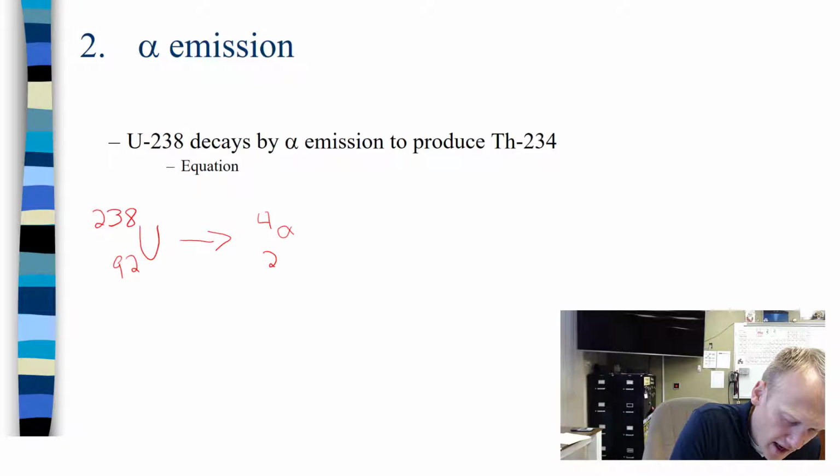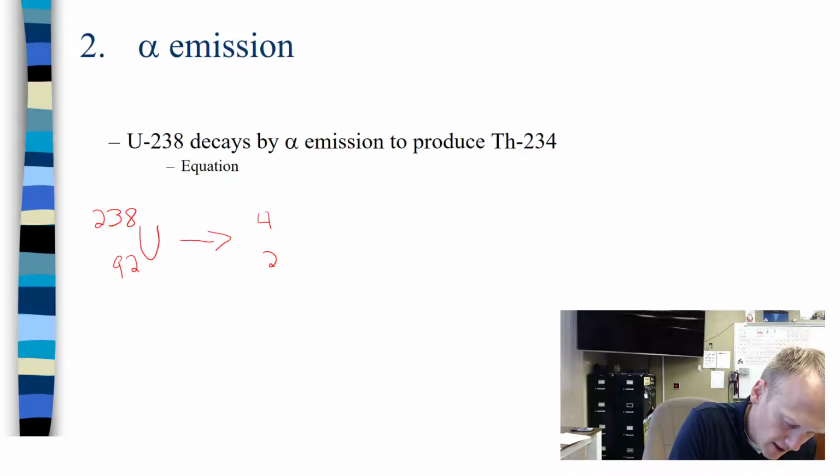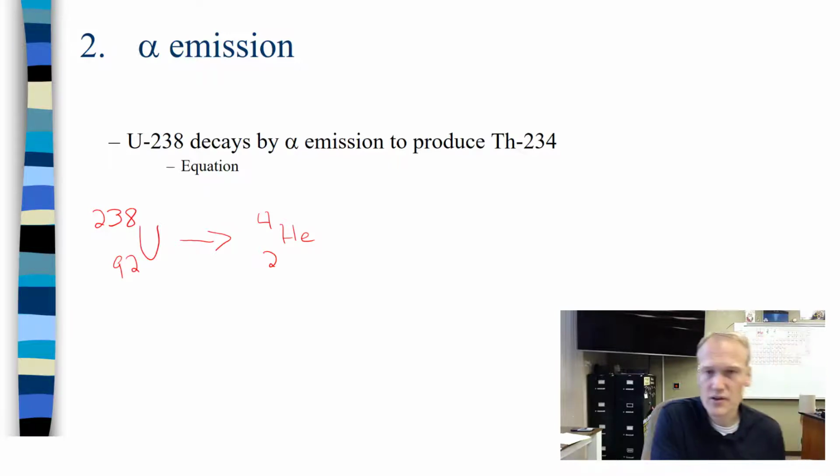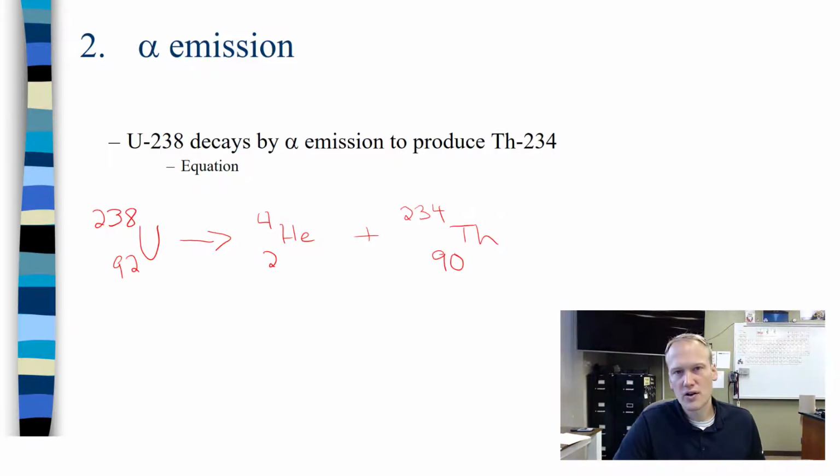You can put an alpha particle with the alpha symbol, or you can use He for helium. Both of those are okay. And you have to remember that an alpha particle has a mass of 4 and a positive charge of 2. Then it says we produce thorium-234. If you look at the periodic table, you'll see that thorium has a positive charge of 90.